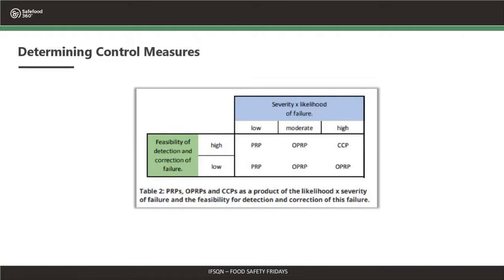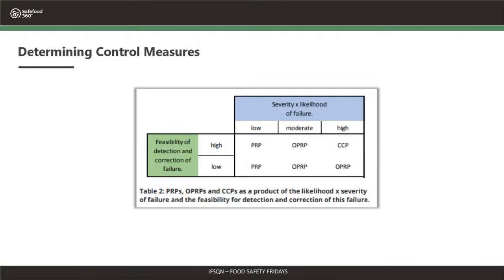So the PRPs that you put in place are mainly aimed at preventing contamination and maintaining a hygienic environment, which we've mentioned today. And to achieve this, PRPs are applied as part of a program with a combination of measures that all contribute to food safety.